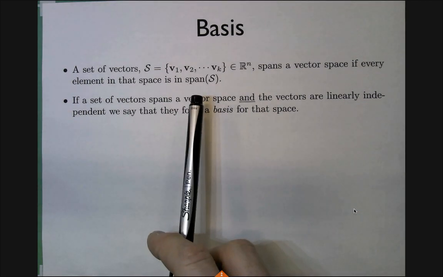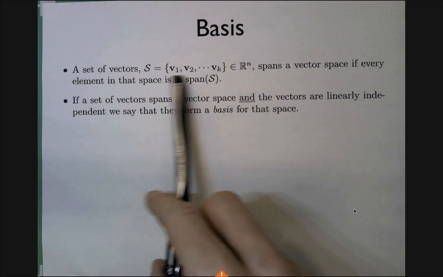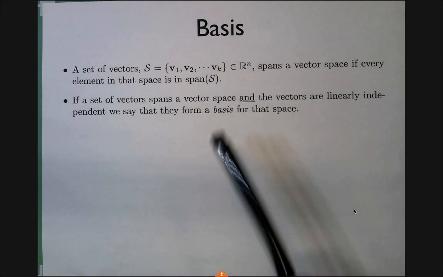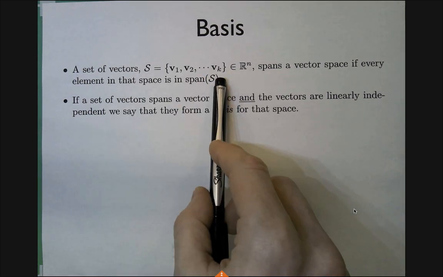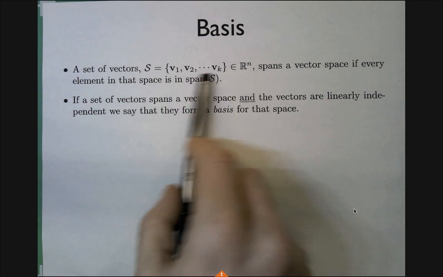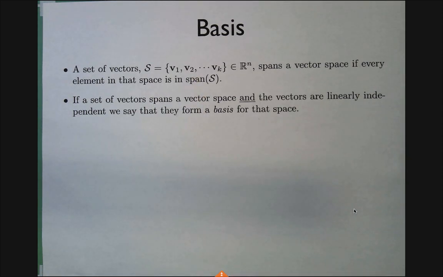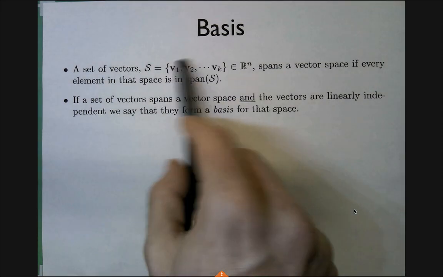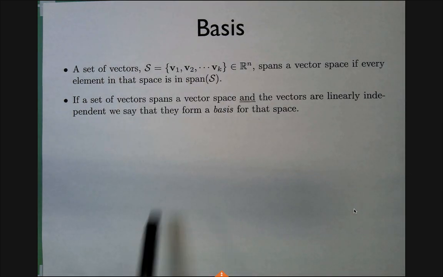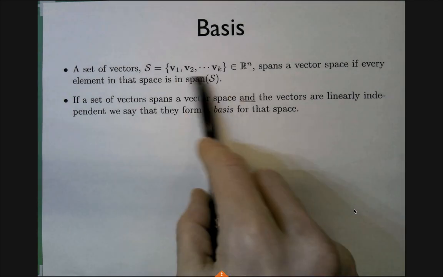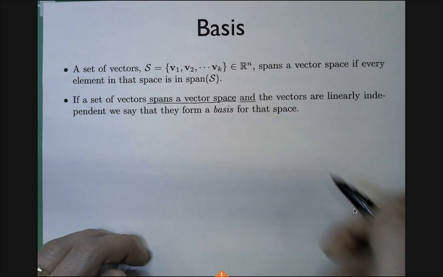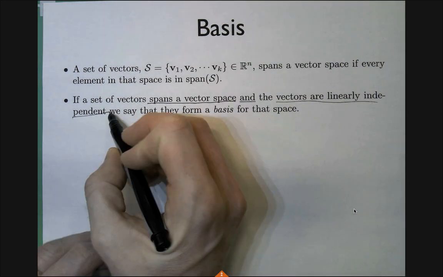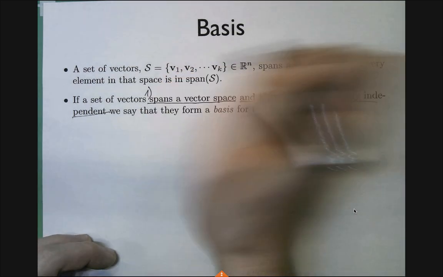The idea is that a basis of a given vector space B is a set of vectors such that the span of this set of vectors is the entire vector space B, and the set of vectors is linearly independent. So there are two conditions: condition number 1, it spans the entire vector space, and condition number 2, the vectors are linearly independent.